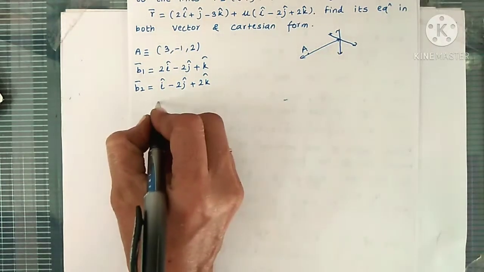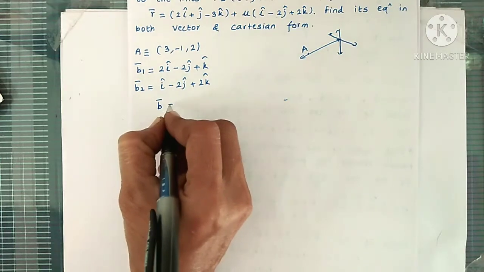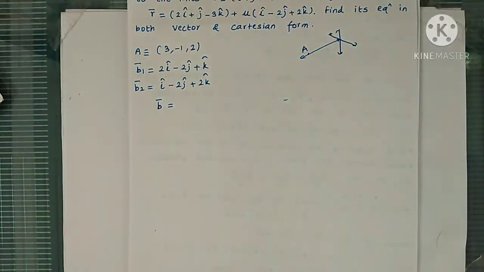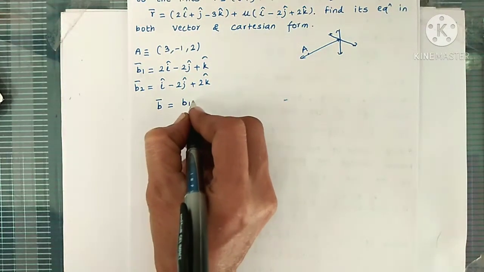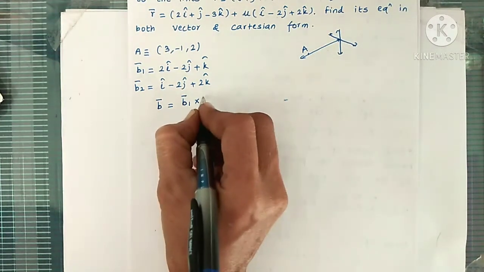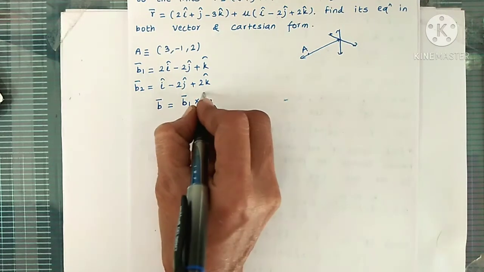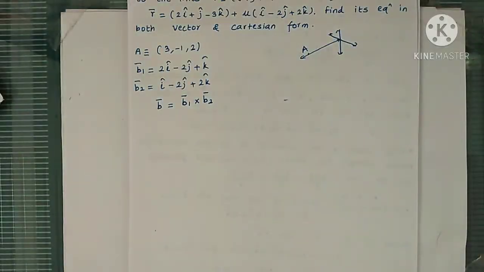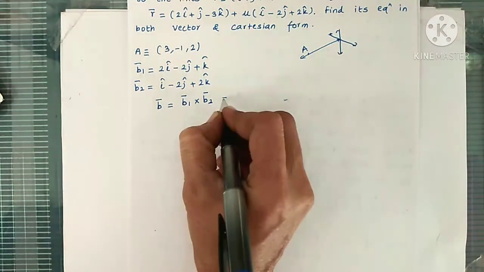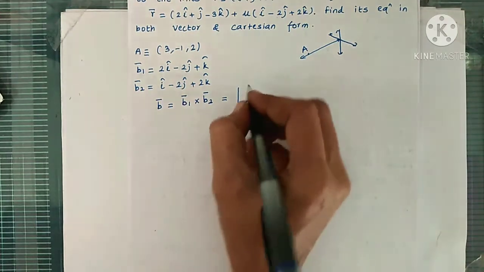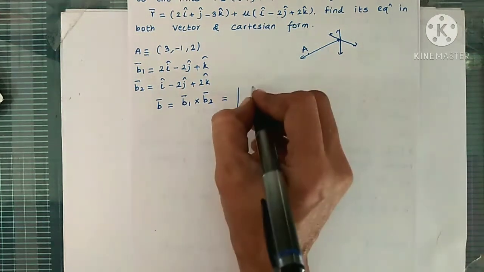So b bar, the vector or the direction ratios of the required line, b bar is perpendicular to b1 bar and b2 bar both. So b bar is the cross product of these two vectors. So the cross product of two vectors is perpendicular to both the vectors. So b bar is b1 bar cross b2 bar.